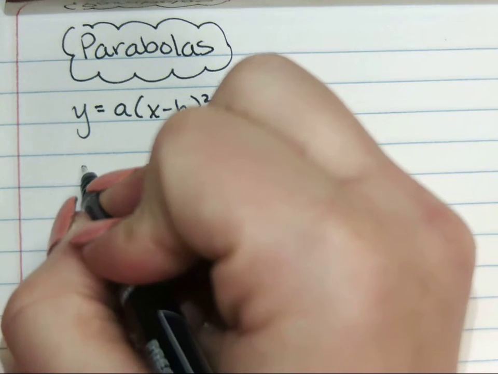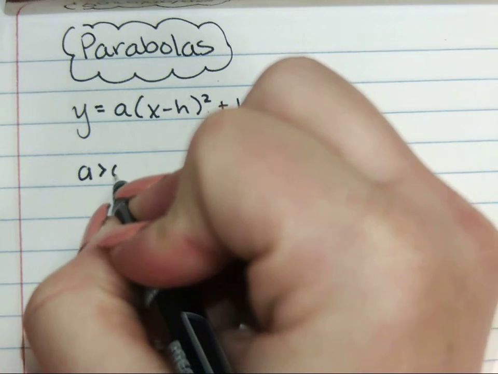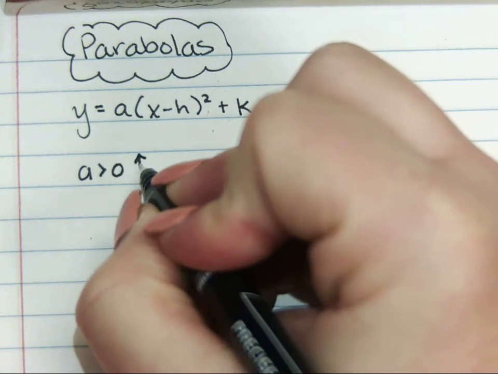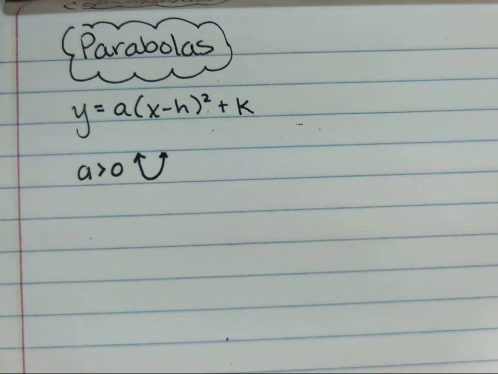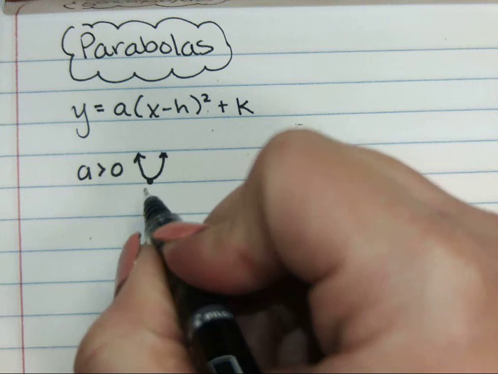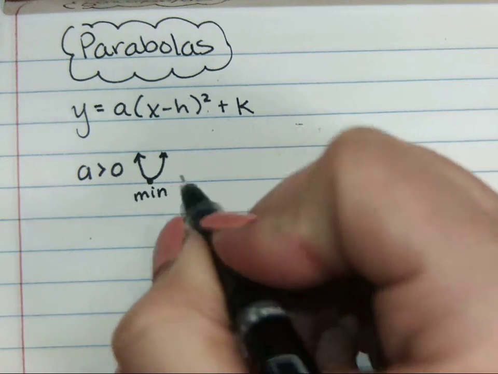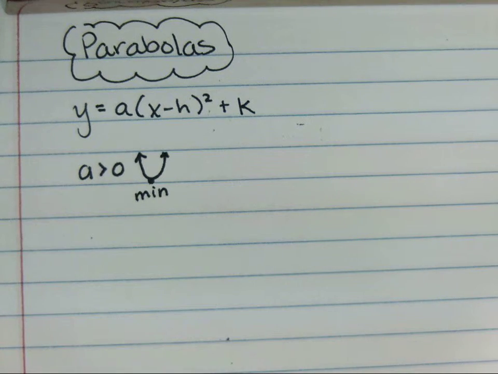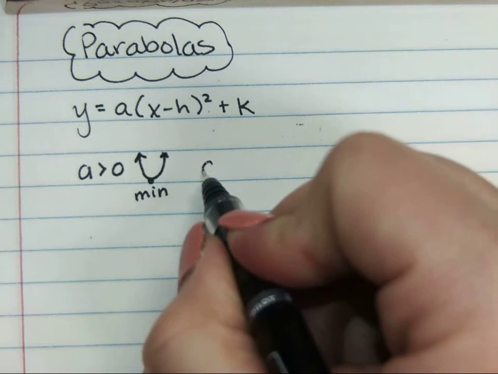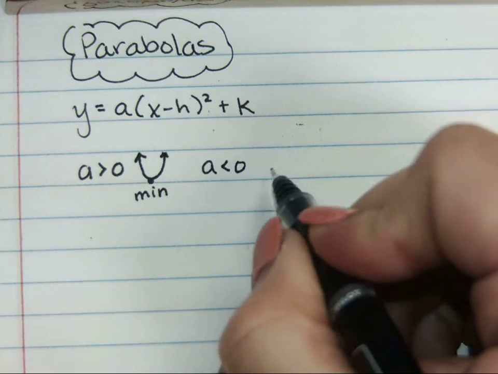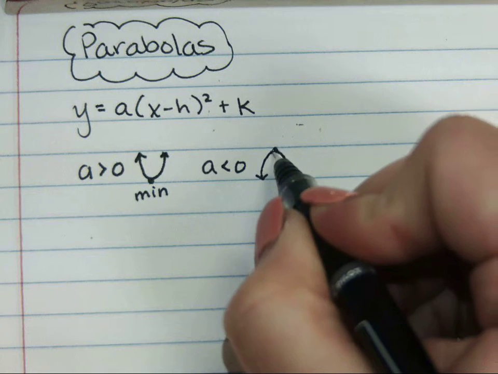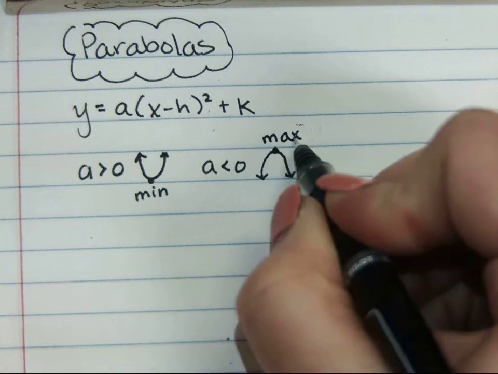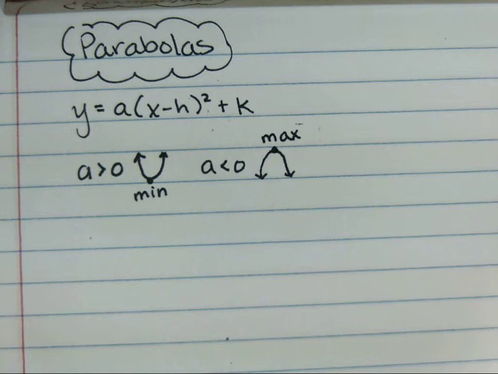So in this case, if your A value is positive, you're going to open upward this way, and that's going to create a minimum down here at your vertex. And if your A value is negative, it's going to open the opposite direction, and it's going to create a maximum at its vertex.